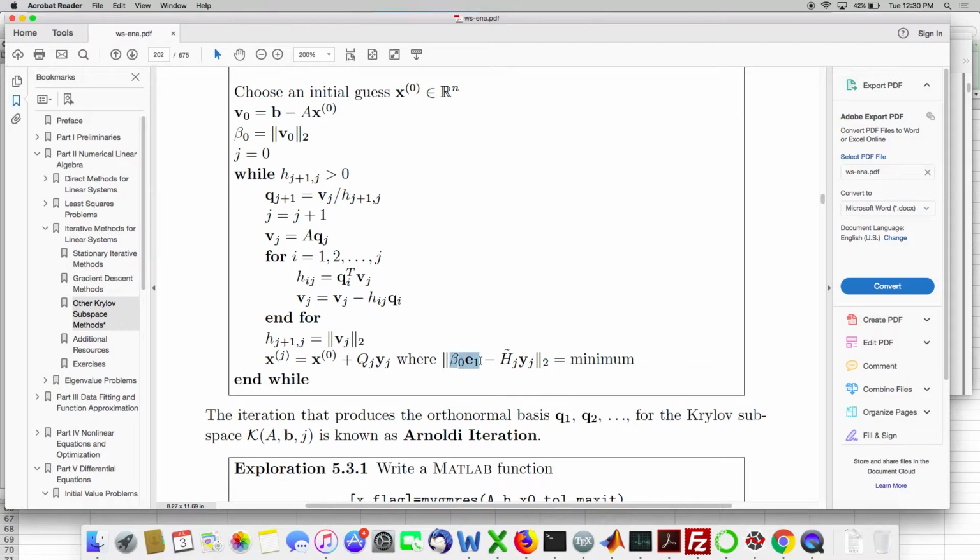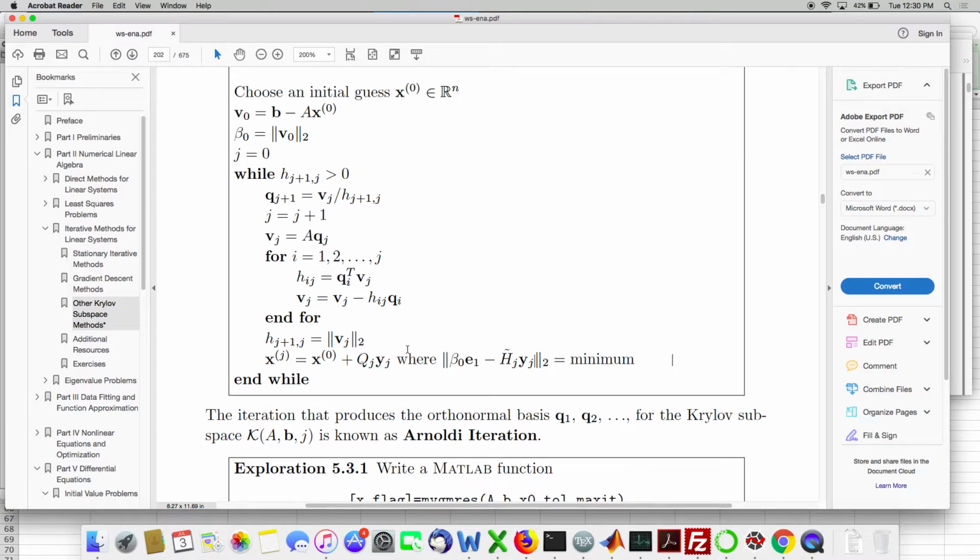So this is your right-hand side. This is your matrix, H_j tilde, which in the symmetric case is a tridiagonal matrix. And y_j is your unknown. Once you solve this using least squares, you take a linear combination of your vectors, and that way you build up your solution.